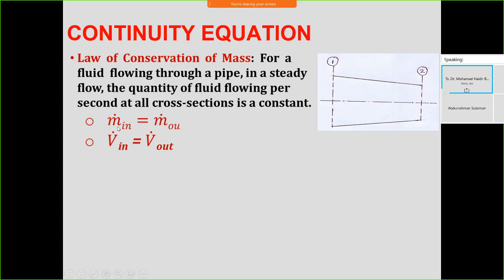As we know, I hope you guys still remember, m dot is equal to density times v dot. m dot is the mass flow rate and v dot is the volume flow rate.